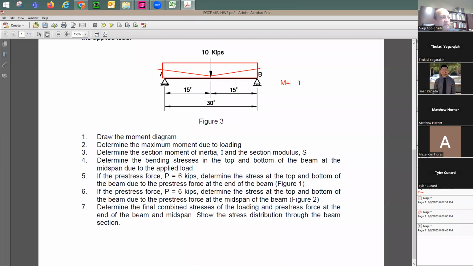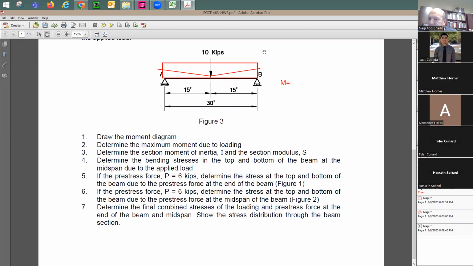Mr. Hussein, can you discuss it with me? Yes, this is PL divided by 4. Okay, PL, 10 times 30 divided by 4. How much is that?